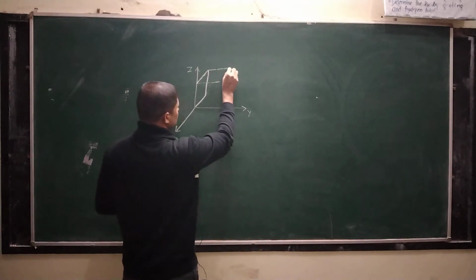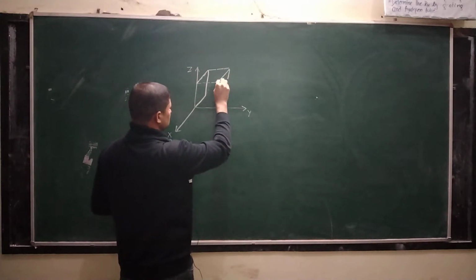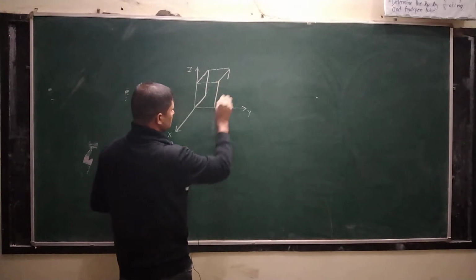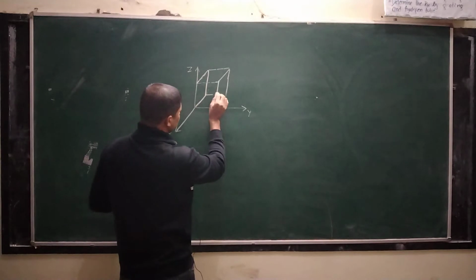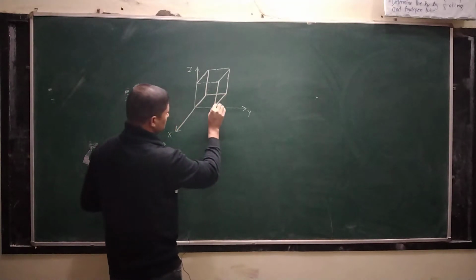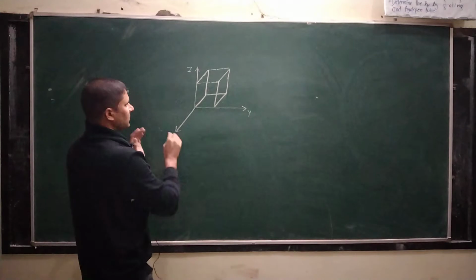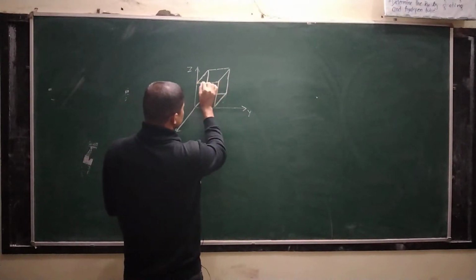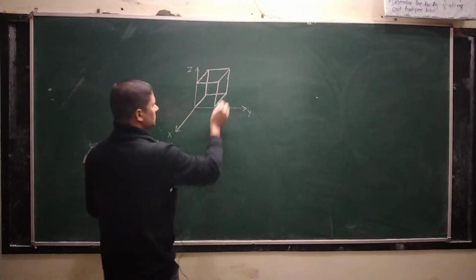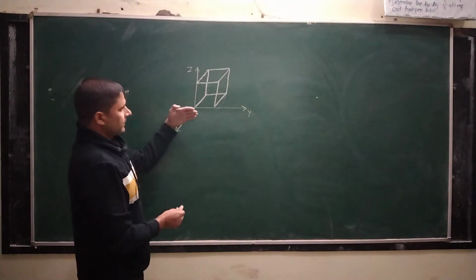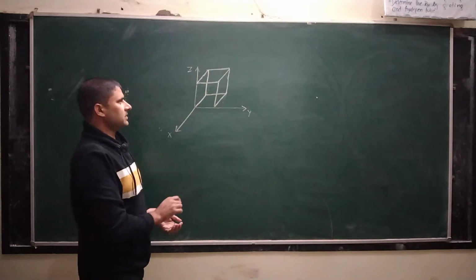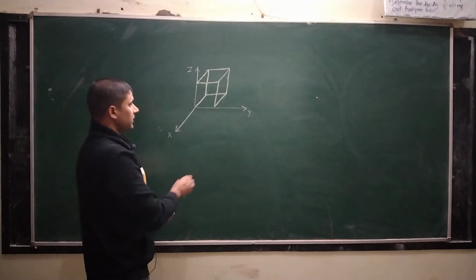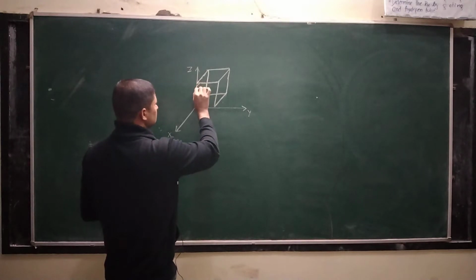So here, this is the face, you see. So this is the cube, which is behind the xz plane.